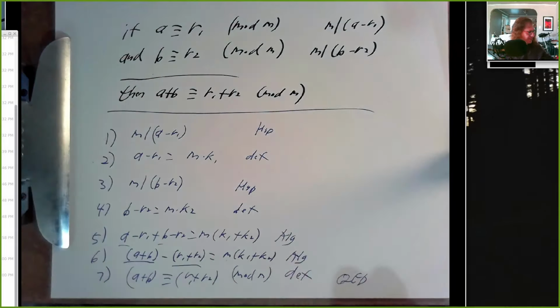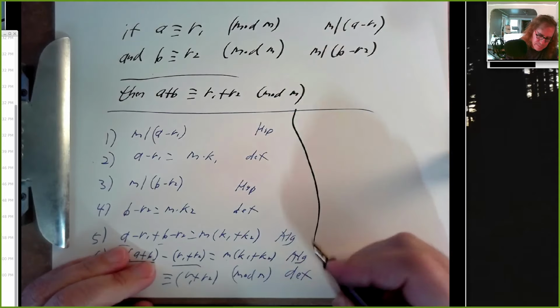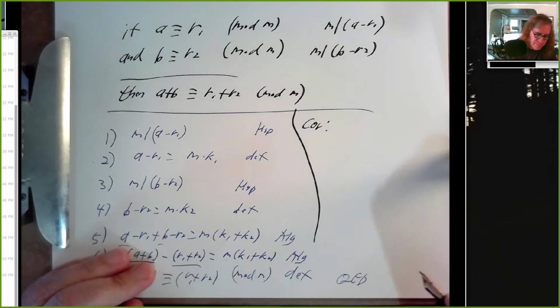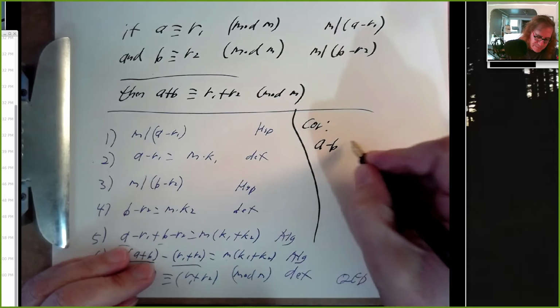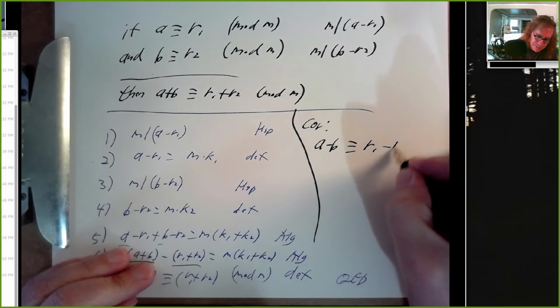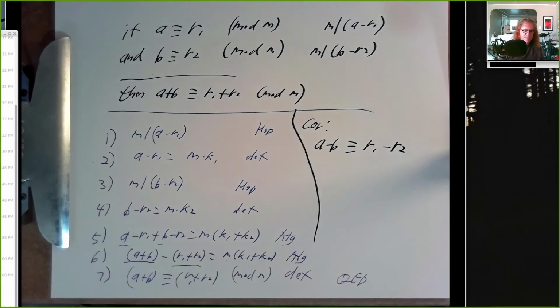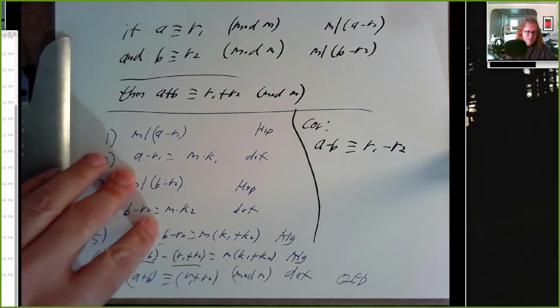And clearly, and this would be called a corollary, A minus B will be congruent to R1 minus R2. And how do I know that? Well, do the exact same proof, but instead of adding these together, subtract them.